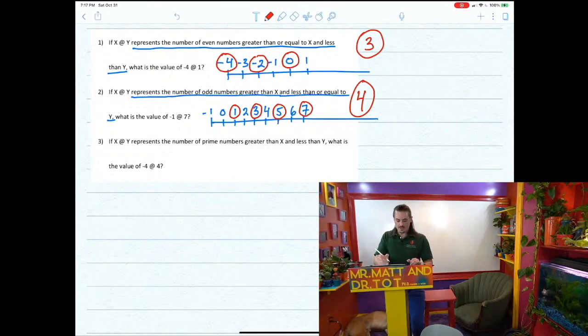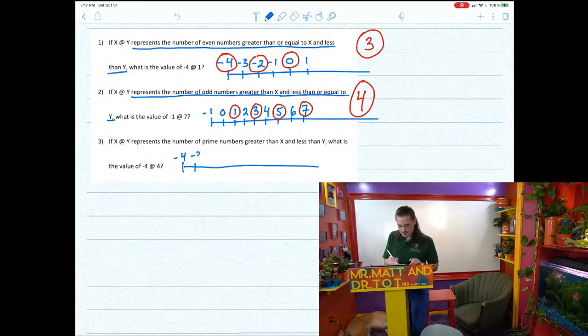For number 3, if x at sign y represents the number of prime numbers greater than x and less than y, what is the value of -4 at sign +4? So here we're going from -4 all the way up to +4, so -3, -2, -1, 0, +1, +2, +3, +4.